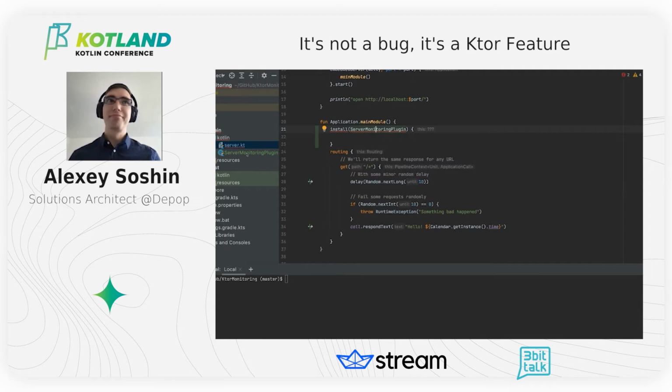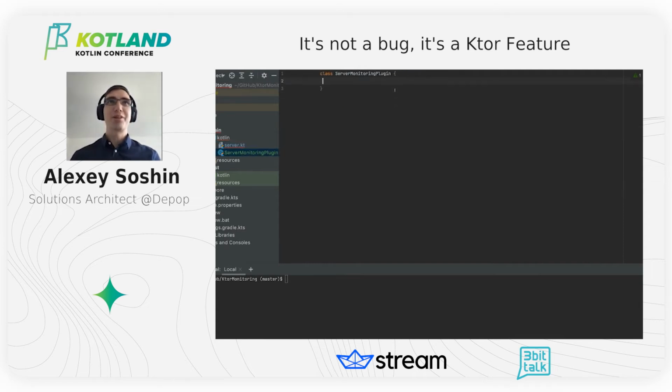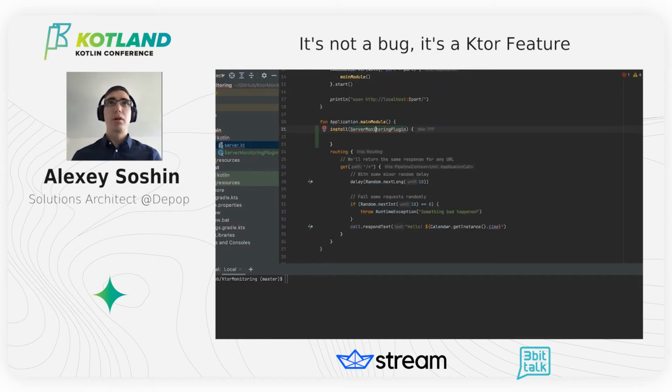Okay. Sometimes it gives more useful suggestions, but we'll do with what we have. So we declare the companion object. Now this companion object will have to implement a particular interface. Each feature, things like Ktor server, Ktor client, and so on, has a different interface that you need to implement in order to develop a plugin for that layer.